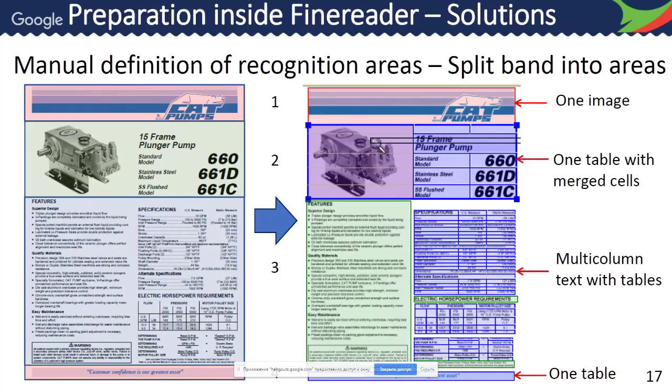So if you see text which does not have visible borders but has grid-like structure, use a table. On this slide, we can see examples of such tables with invisible borders in bands number 2, 3, and 4. A table is the most stable layout element, and I recommend you to use tables as much as possible.